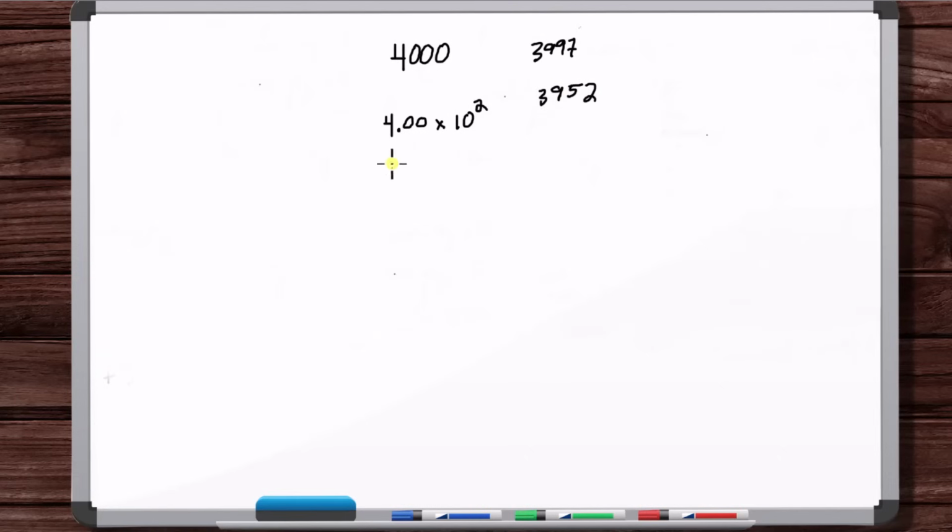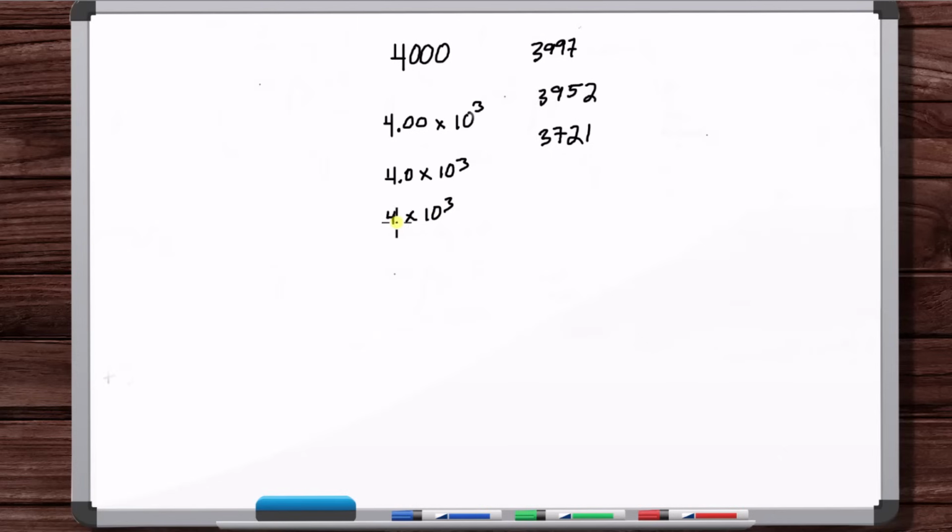Okay, if we were rounding to the hundreds place, we would do, or no, this would be times 10 to the third. And then this would also be times 10 to the third. So now you have 2 significant digits, right? And if we were rounding to the thousands place, we could just do this.